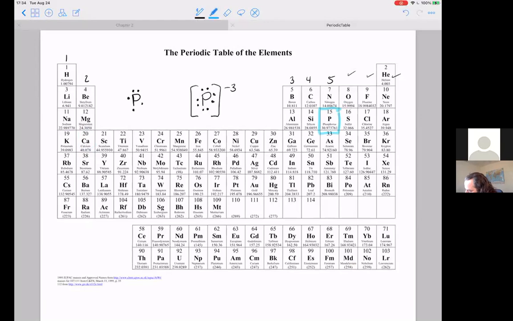And again, it's -3 because when it was neutral, it had 5. So this one's new, this one's new, and this one's new, right? So now I have 3 more electrons than I did protons, which is why the phosphorus ion would have a charge of -3.